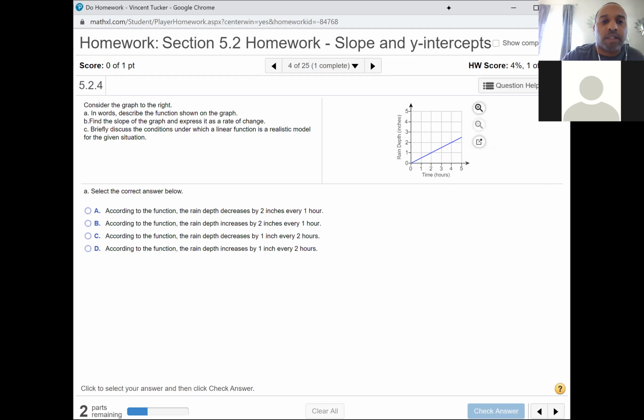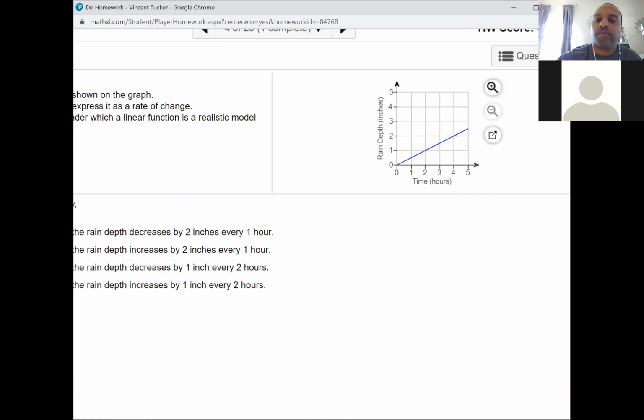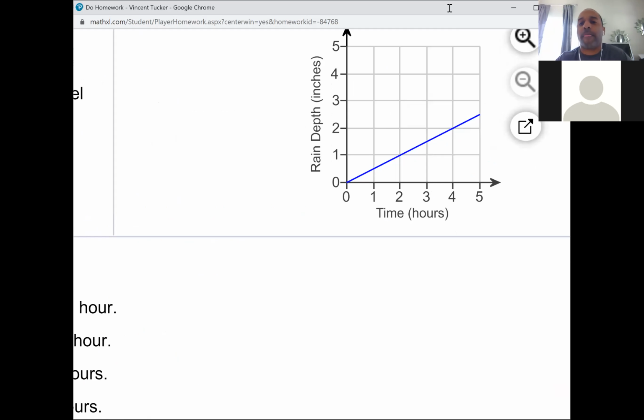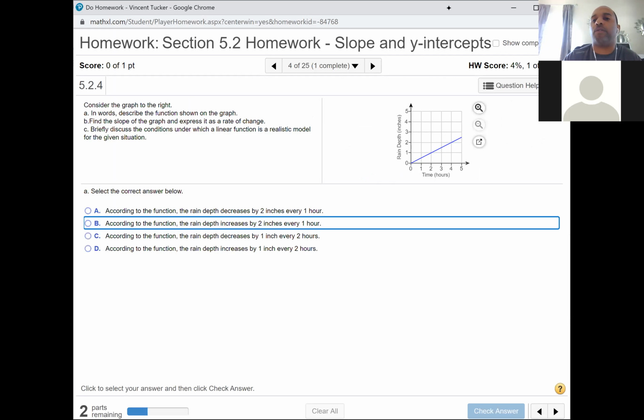It says in words, describe the function shown below. Find the slope. So we can take 2 points off of this line and see we have 0, 0. And then the next point that's actually in the corner, which actually gives us a solid point, is 4, 1. All right, so 0, 0 and 4, 1. And we'll use those 2 points to find the slope.